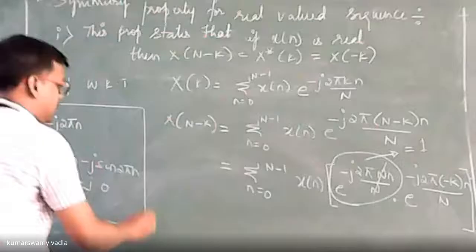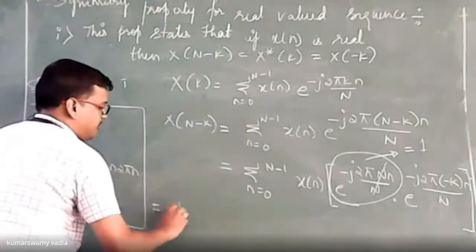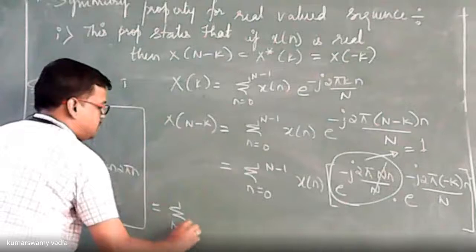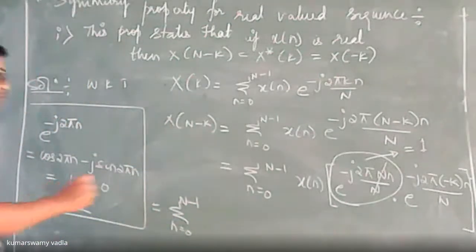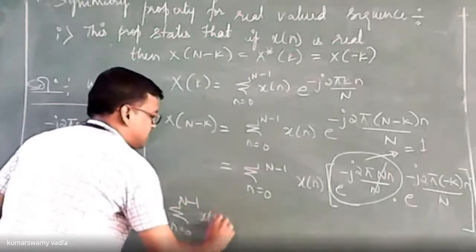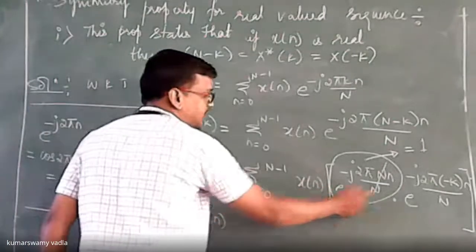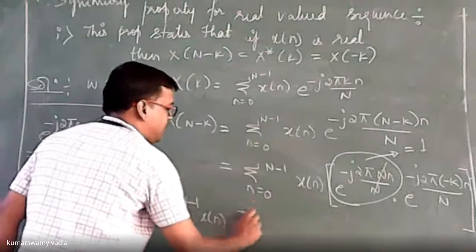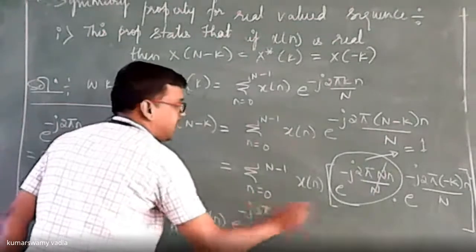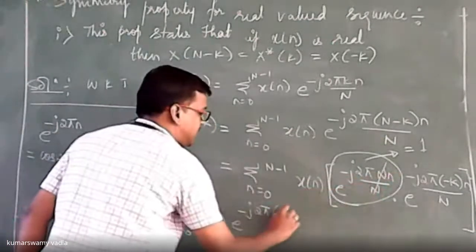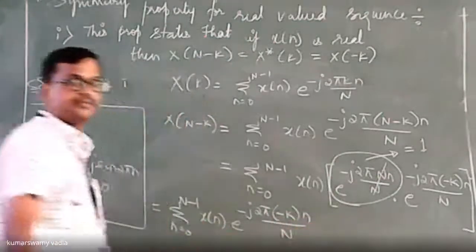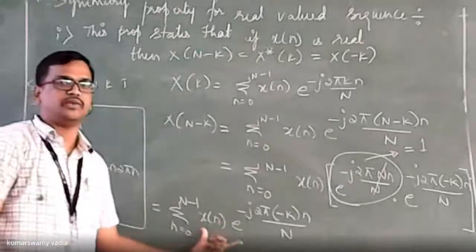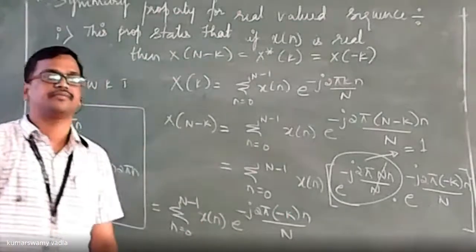Now, therefore, this is n equal to 0 to n minus 1, remaining is x of n, this became 1, 2 e power minus j 2 pi, instead of k, I am writing here minus k, small n divided by capital N. Can you see this equation, please? Yes, sir.